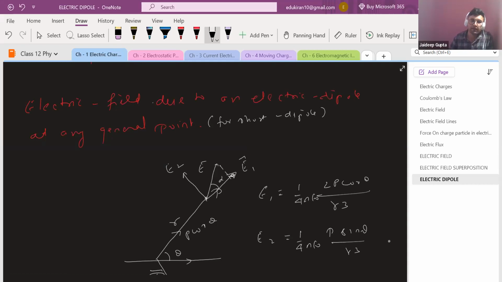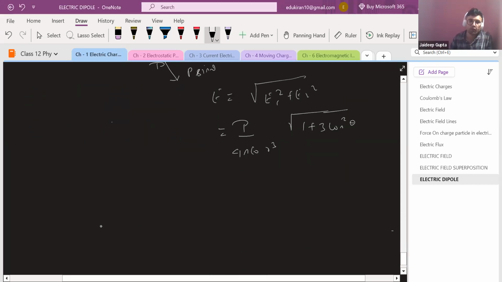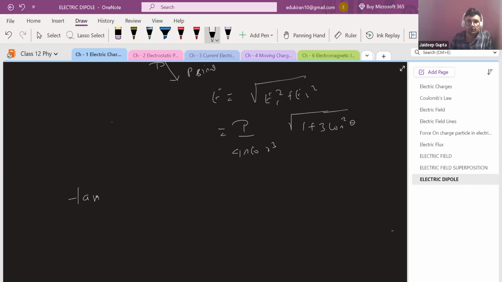Now, if I calculate tan alpha, meaning the angle the resulting electric field makes with the axial E1, tan alpha equals E2 over E1.